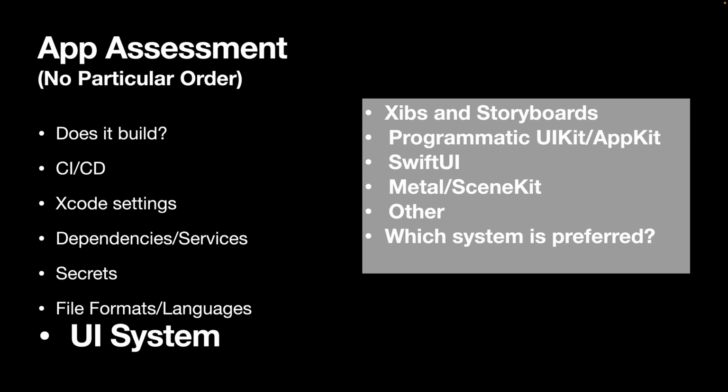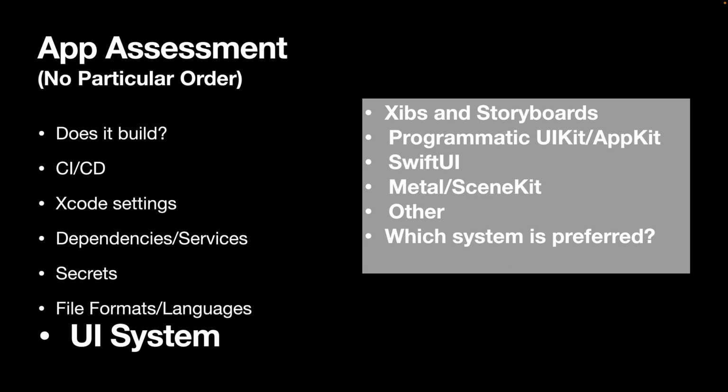There's also the programmatic way of building with SwiftUI, where you're writing your code programmatically, but you're using the SwiftUI library. You can also do programmatic interfaces with Metal or SceneKit, or even something else, maybe a third-party application like Unity or something like that. But one of the things you have to do is to decide which is your preferred system and stick with it.